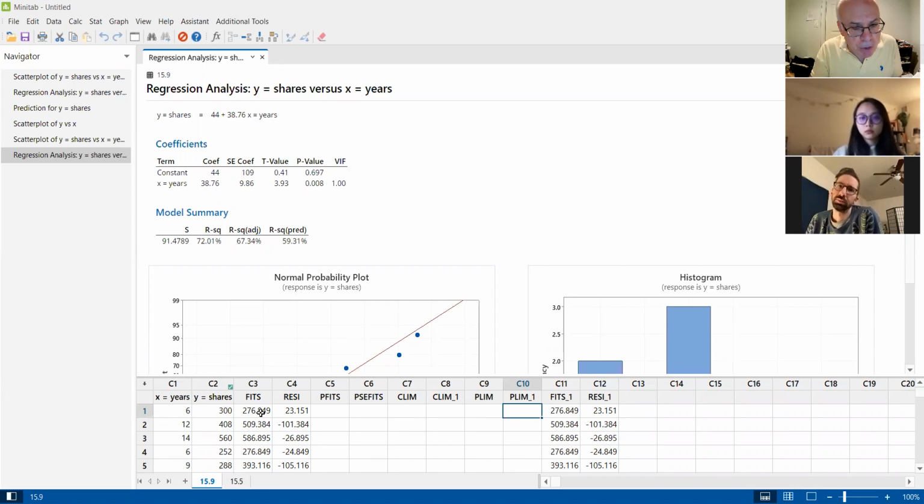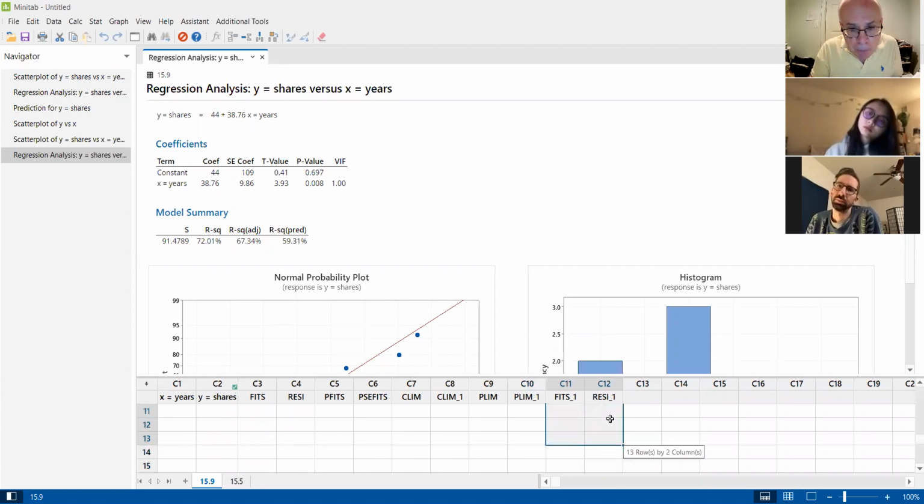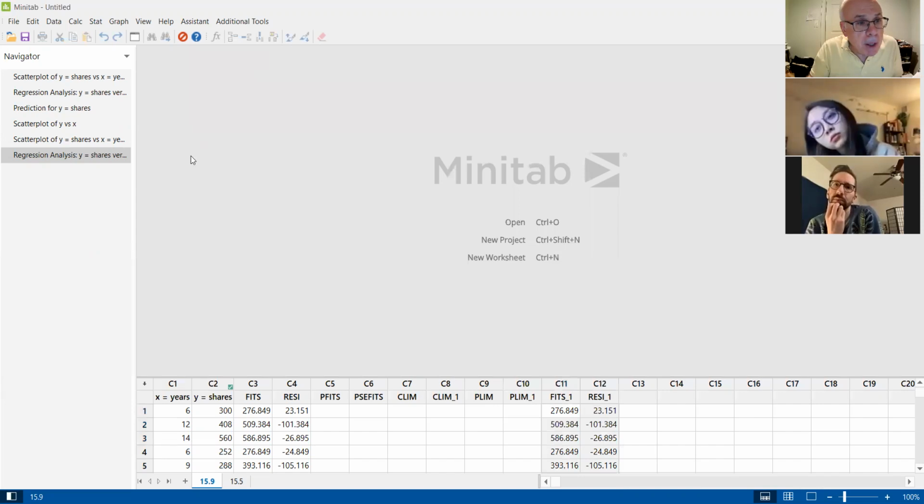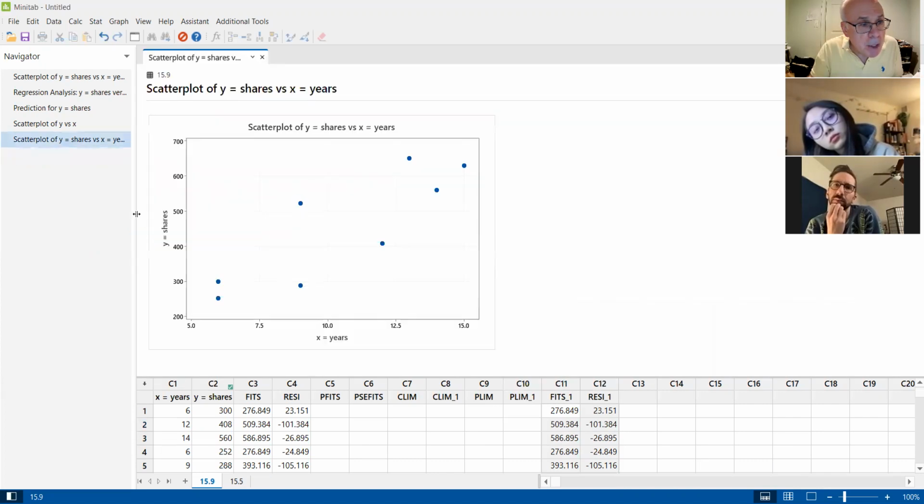I'd like to get rid of these fits and residuals and stuff, because it's repeated over here too. Kind of annoying. Some of these computer programs really are not very good at fixing things up when you want to start all over. So what I'm going to do is get rid of this thing here.